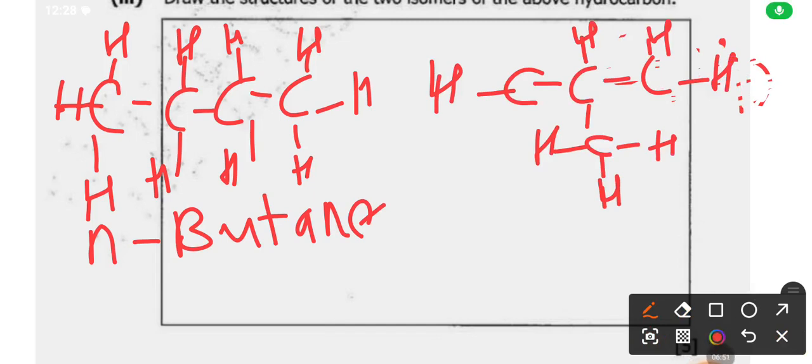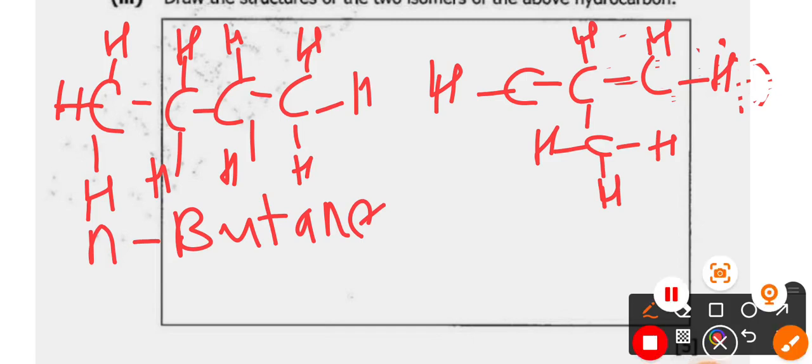The way you name this isomer is by following what we call IUPAC nomenclature rules. The first rule is that we should identify the longest carbon chain and name it.